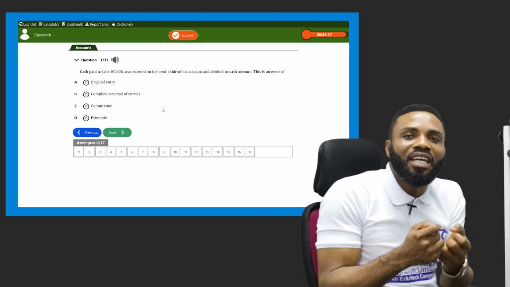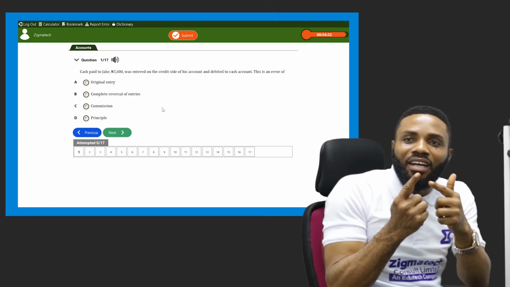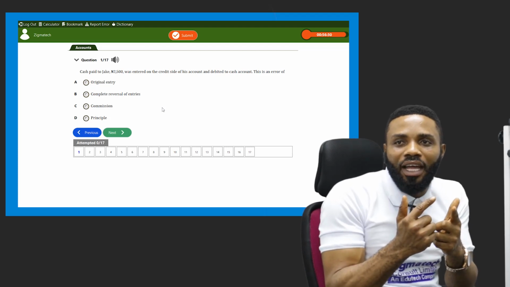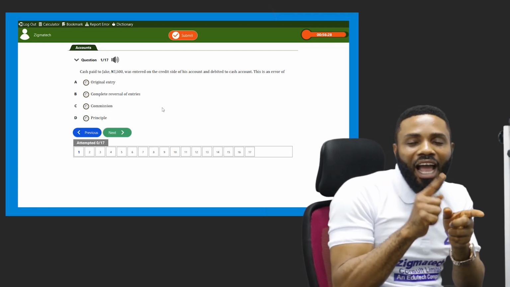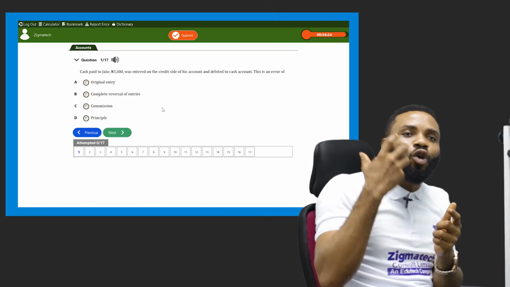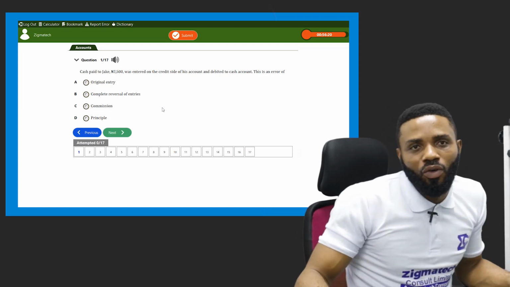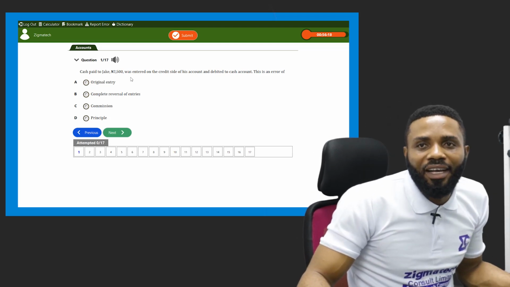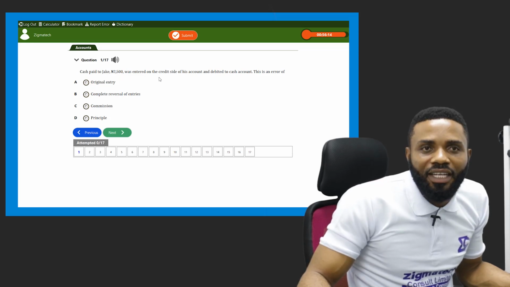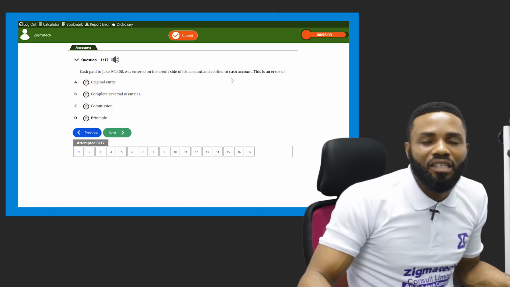The accountant mistakenly credited Jack and debited cash book. That is what we call a complete reversal of entry. So at this point, Jack is meant to be debited, and then cash book is meant to be credited.